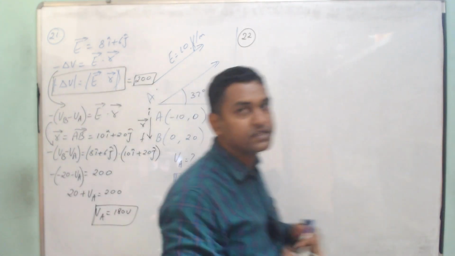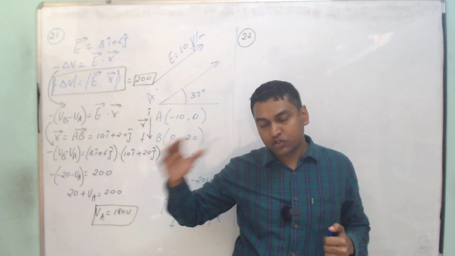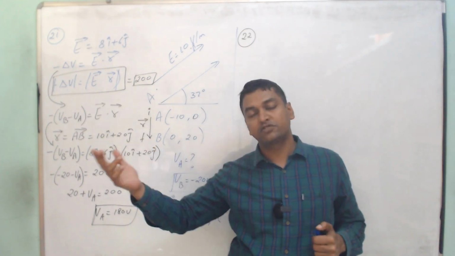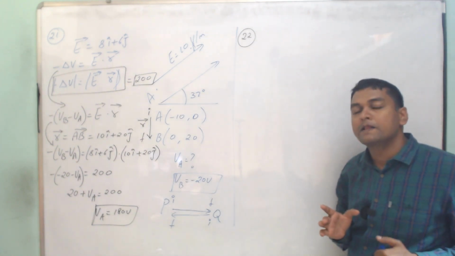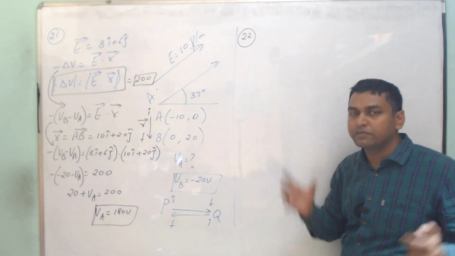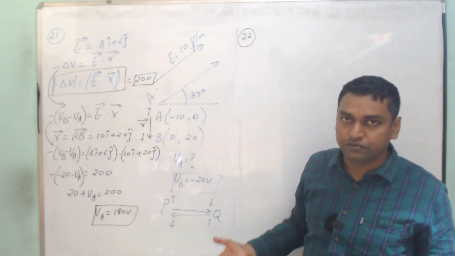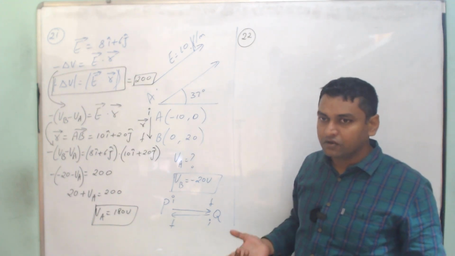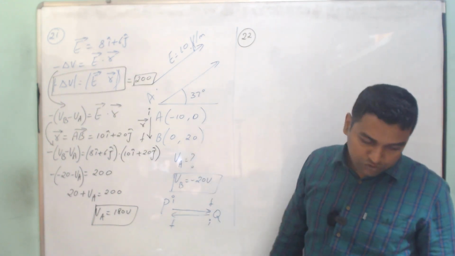In certain questions, with the electric field, this is higher potential, that is lower potential. Not in every question, but in many questions, that is also important. In many questions, you can do it like this also. Okay?